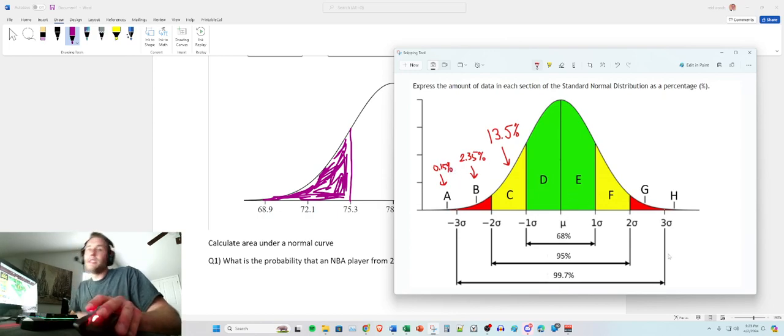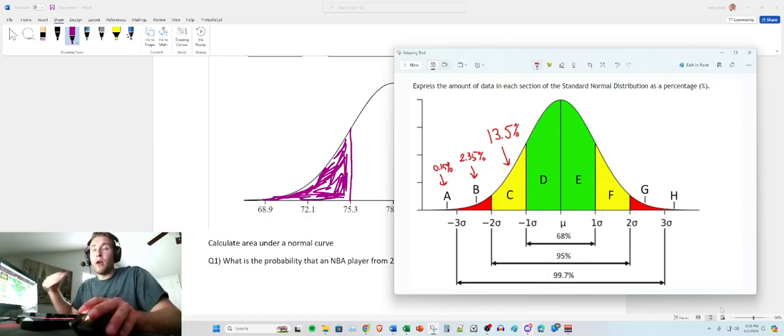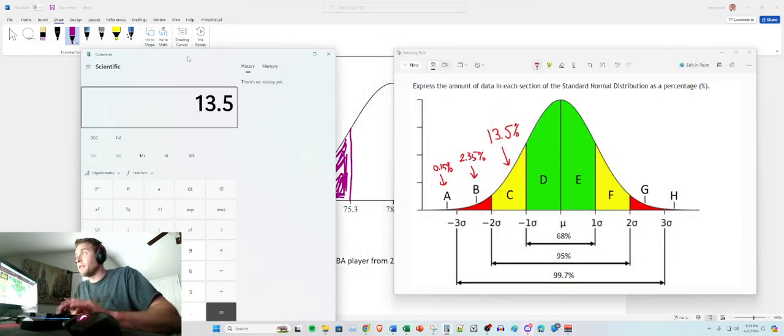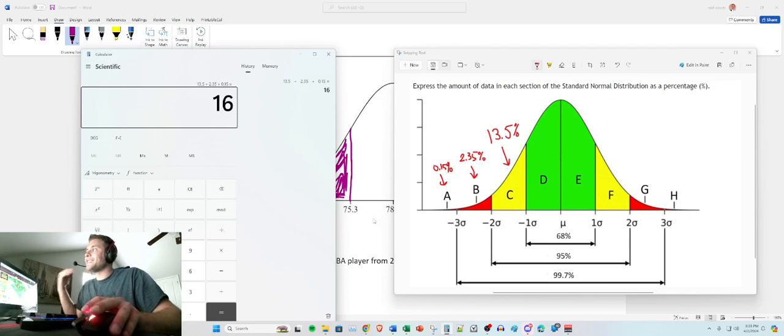Okay. And so what I can simply do is take all three of these areas, because that is what the purple area is right here. It's equal to A, B, and C added together. So I can take those and simply add them with a calculator. So 13.5 plus 2.35 plus 0.15. And you'll notice that's 16%.